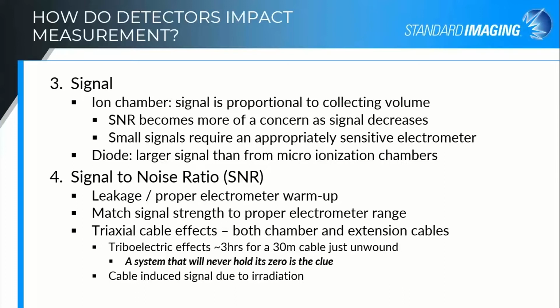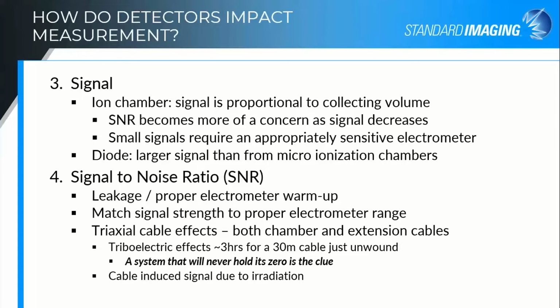So your signal to noise ratio becomes much more of a concern, and very small signals also require a very sensitive electrometer, an accurate electrometer for measuring those extremely small currents. Diodes have the advantage of generating a larger signal than you would get from a microionization chamber. However, they have, of course, the trade-offs of the increased density and the potential energy dependencies of those detectors as well.